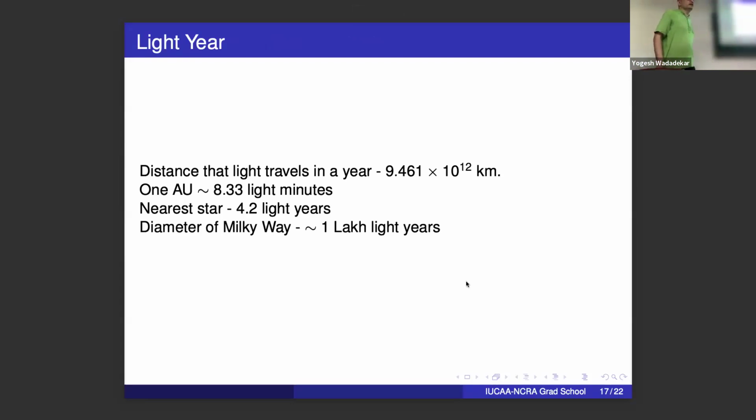This unit is the mean distance between the Earth and the Sun, and that is about 8.33 light minutes. The nearest star is 4.2 light years away. And the diameter of the Milky Way is 1 lakh light years. So the galaxy itself is so gigantic, it's almost unimaginable.